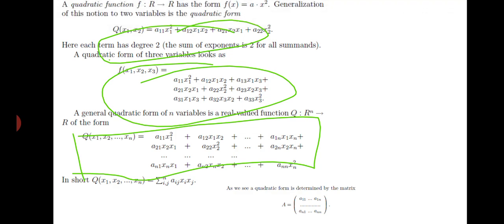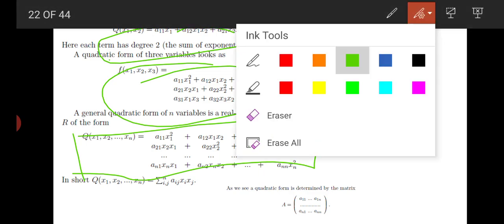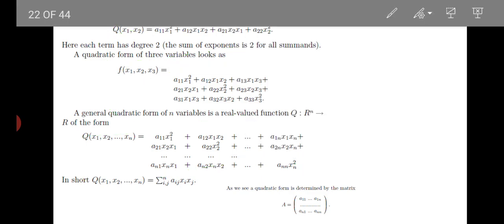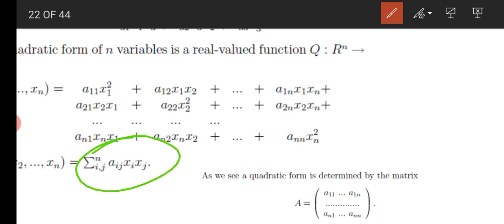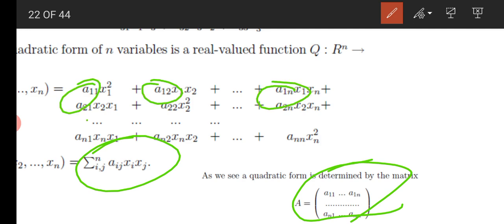When you generalize the quadratic form, this is the generalized equation, the sum of a_ij x_i x_j. Now what is that P matrix? Here it is represented by a matrix given by a11, a12, up to a1n, a21, a22, up to a2n, and so on.